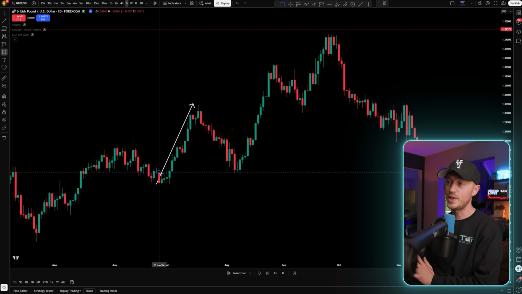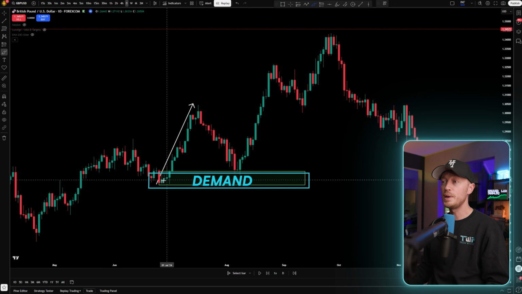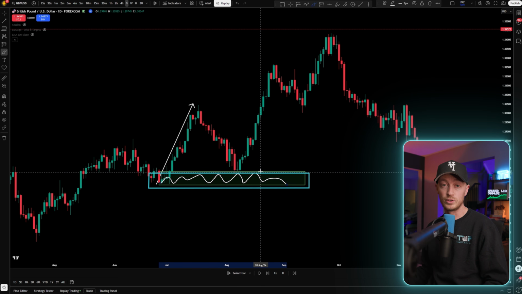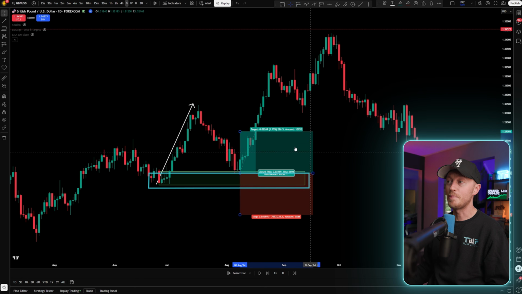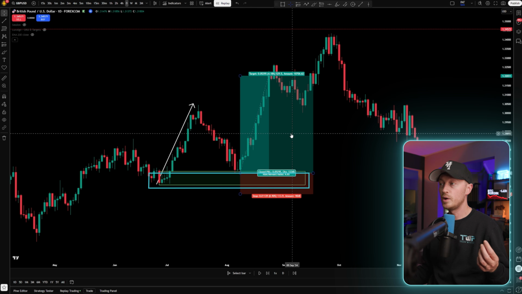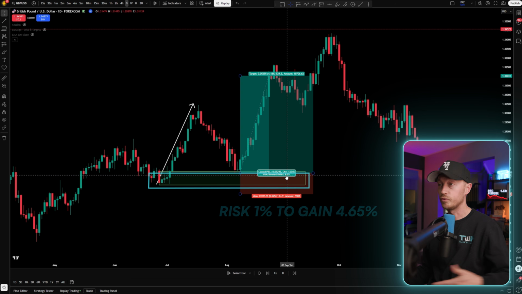So the base of that move right there is actually a level of demand. If all the rich people told us that they like this level right here, then we like that level too. And we can actually place a buy trade from that level, have our stop loss below the demand, and on this trade we would risk 1% of our account to gain 4.65% for a huge win.